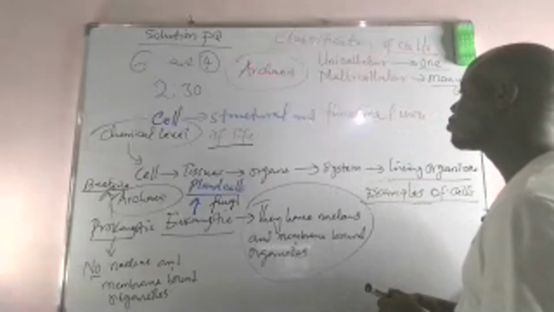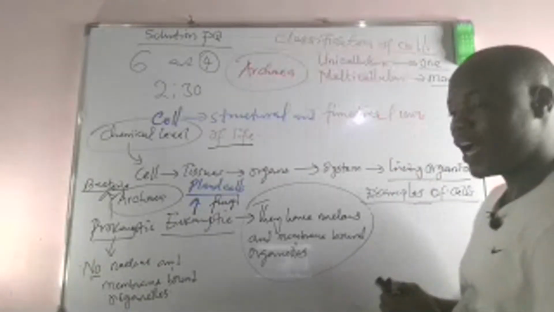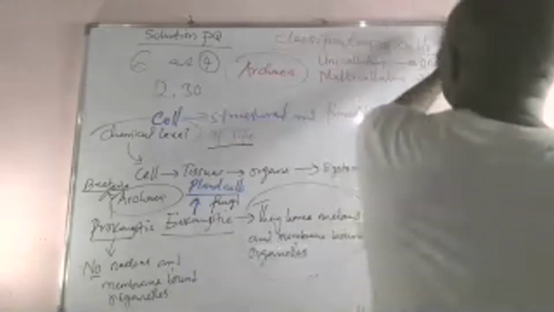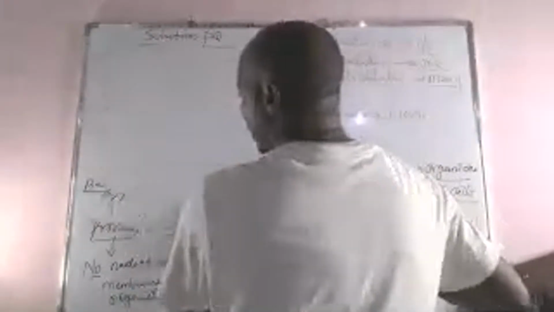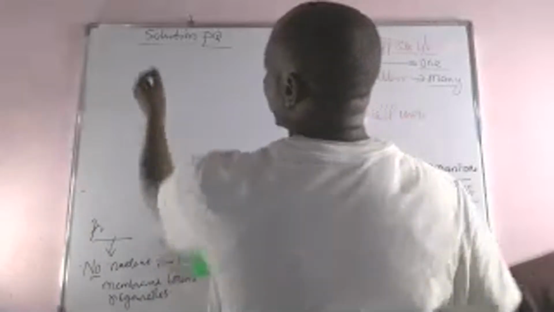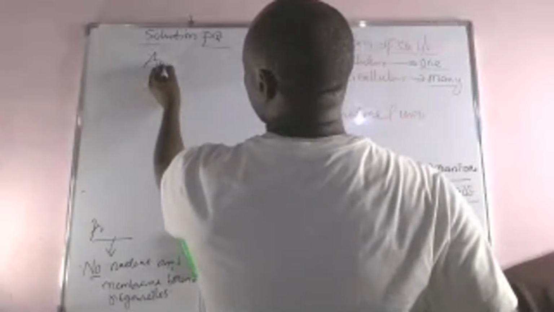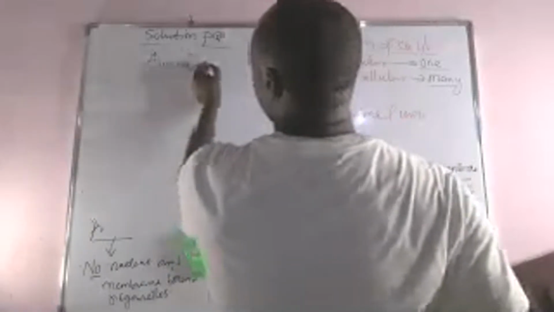So now, some of the examples of cells we have are plant cells and animal cells. If you read the question, animal cells are the cells from animals.